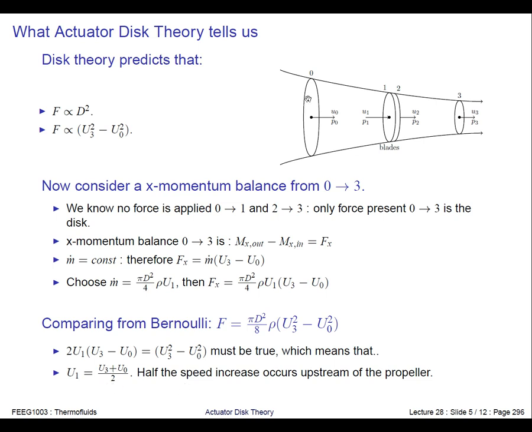So this tells us that half of the speed change, and if you think about the force on the propeller, this speed change generates the thrust, half of this speed change is due to what goes on upstream of the propeller, and the rest of it is due to the speed change downstream of the propeller.